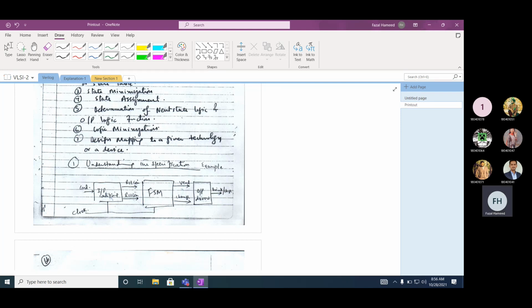When the user inserts coins of 1, 1, and 1, it will give a Coke. Second scenario, 2 and 1, it will give a Coke. And 2 and 2, then vend will be 1 and change will be 1.